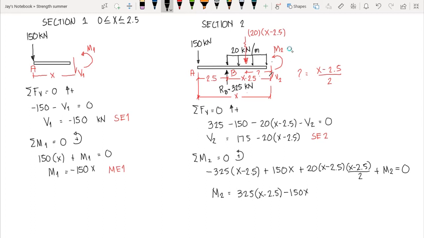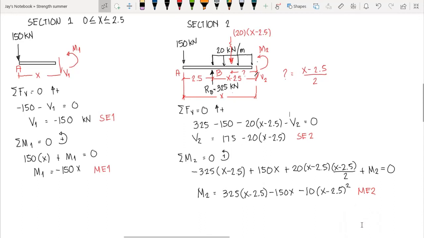Now we could cancel out 20 by 2, so we simplify it by 20 divided by 2. Then we have 10. But since we transpose this term to the right side, then we have negative 10. Then we can combine x minus 2.5, so we could say that's x minus 2.5 squared. So this is now our moment equation 2.